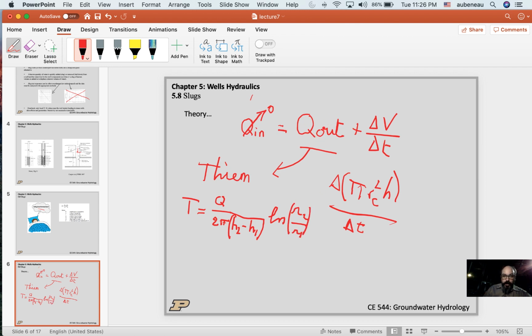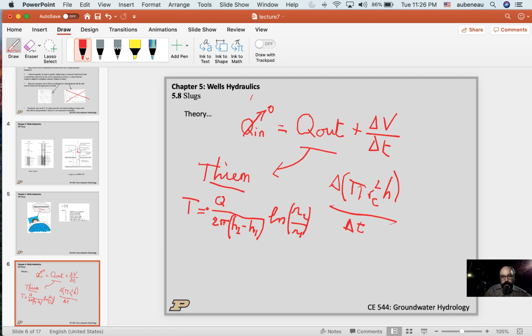So we have Q here, and this is our Q out that we're talking about. The Thiem equation, we wrote it in that chapter as the transmissivity equals Q over 2 pi, the head at two different observation wells, natural log of the ratio of the distance, R2 and R1, where those two wells are placed.